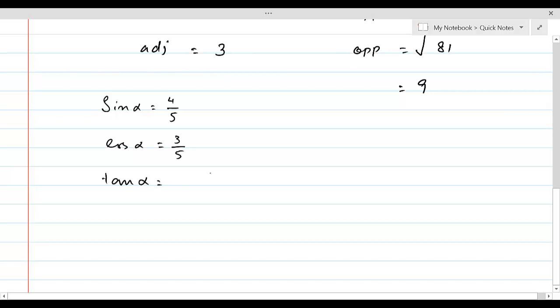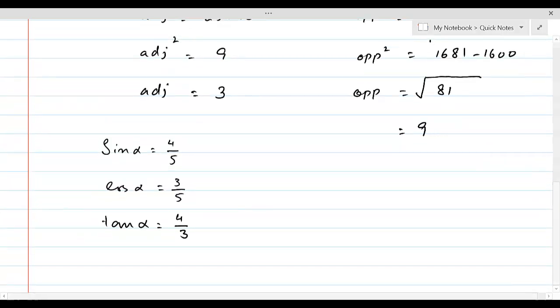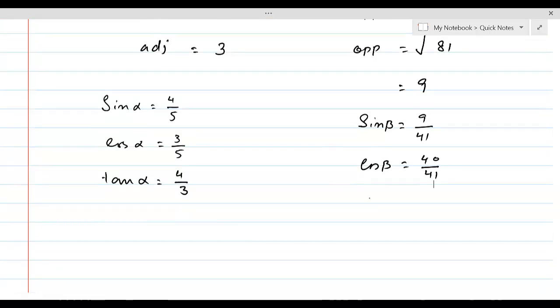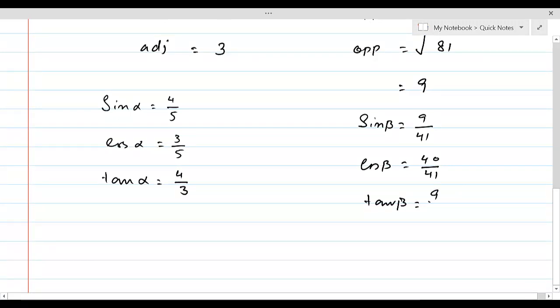Similarly, for beta, we have sine beta is equal to 9 over 41, cos beta is equal to 40 over 41, and tan beta is equal to 9 over 40.